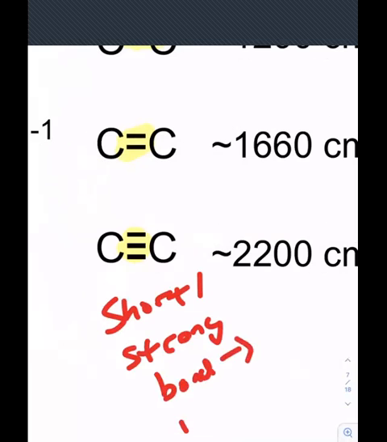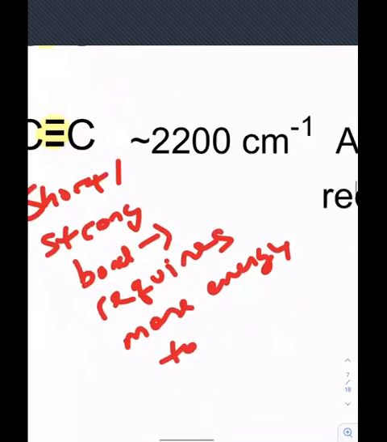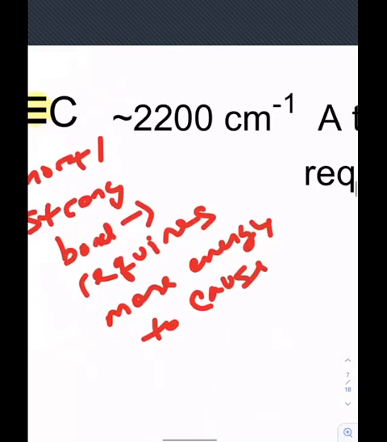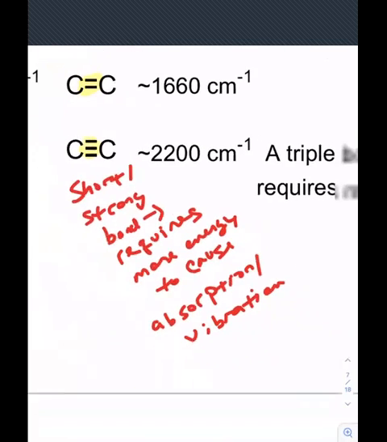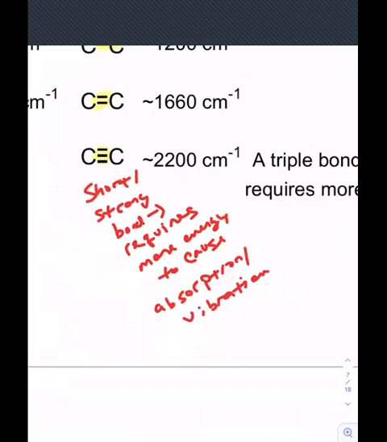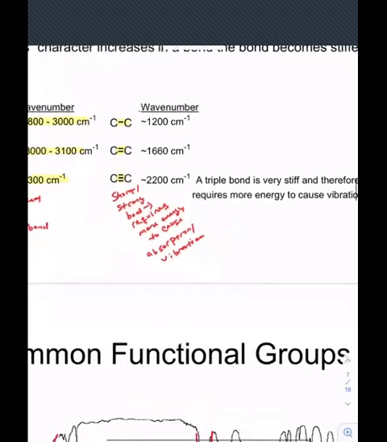So that means it's going to require more energy to cause it to vibrate. So it takes more energy for absorption and vibration to happen because, again, it's a short, strong bond, it's very stiff. So it takes a lot of energy to get that to move.